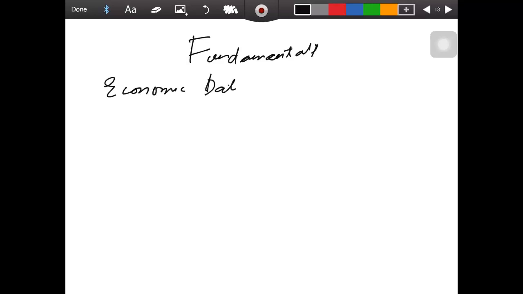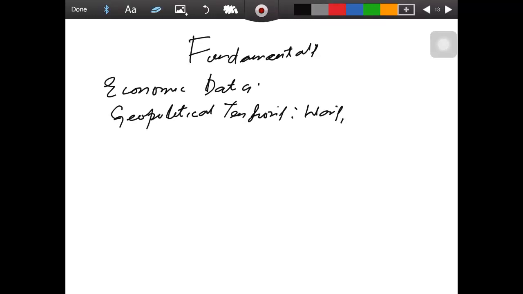Okay, fundamental analysis is basically just fundamental analysis. You have economic data, you have geopolitical tensions, for example disagreements between two or more countries.